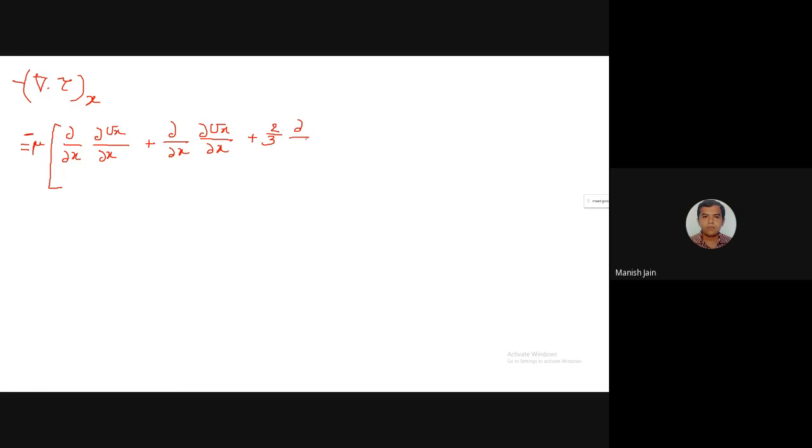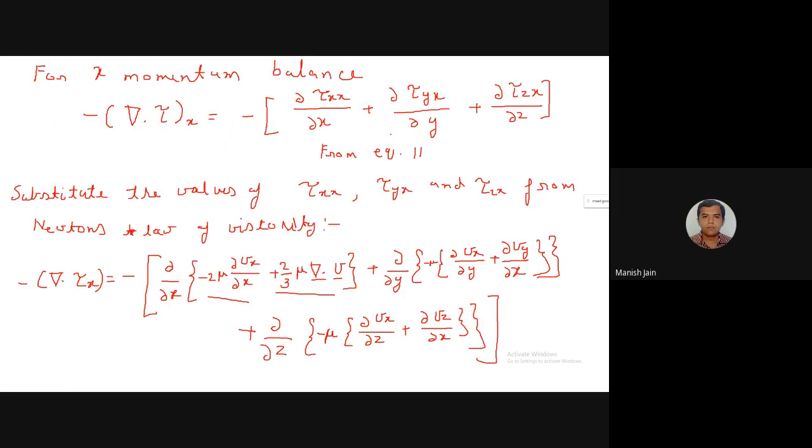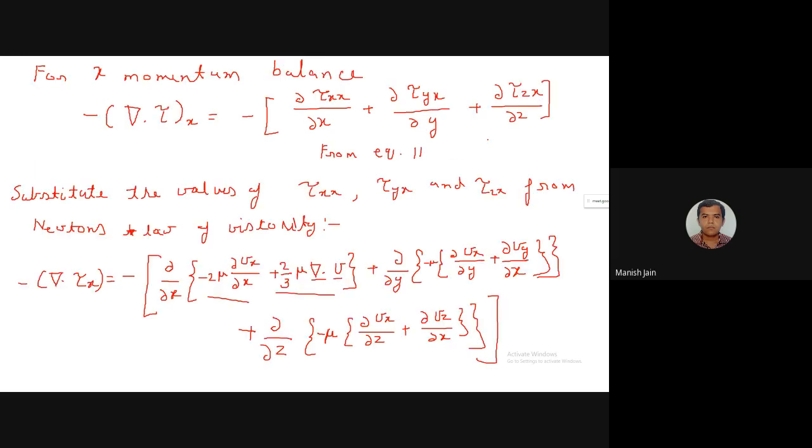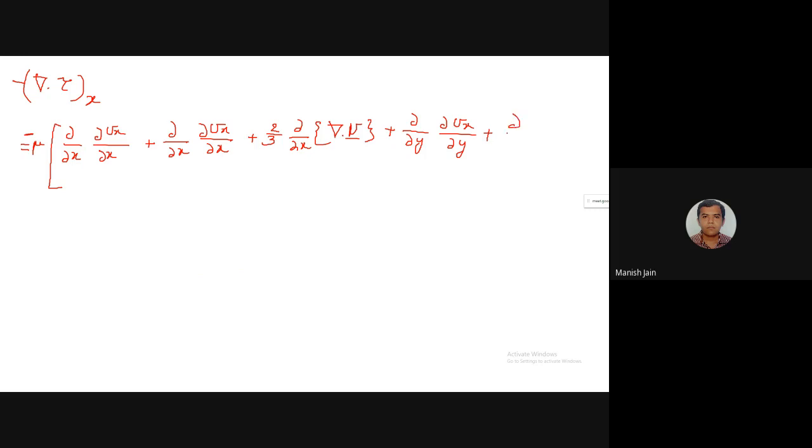So del by del x, del dot v. Okay, now plus second term del by del y, del vx by del y, then next term del by del y, del vy by del x.